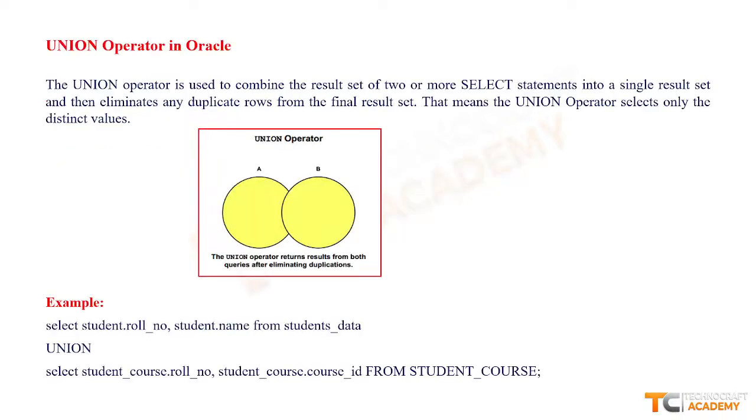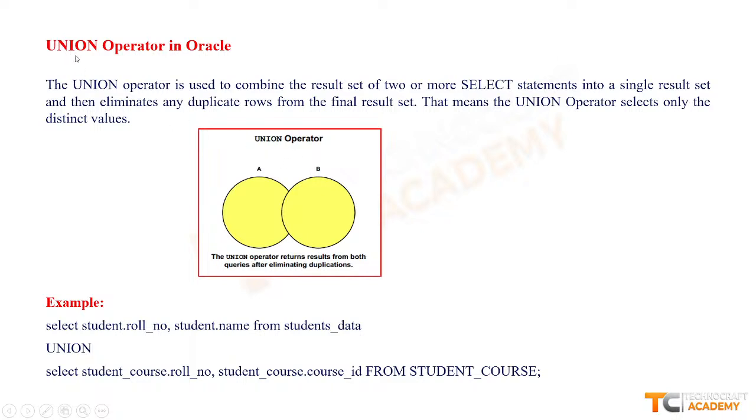Okay, so let's go one by one. First we will cover what a union operator is in Oracle. As you can see in the diagram, we have two different queries from two different tables, A and B. We write a select query on the A table and another select statement on the B table.